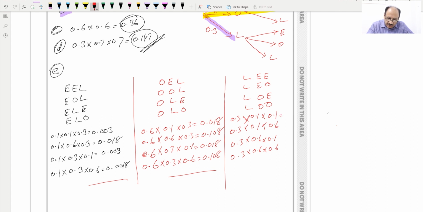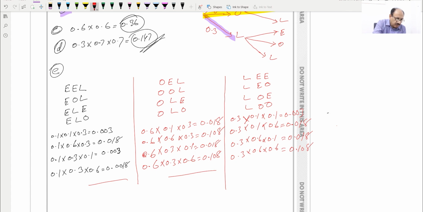So next, this one was 0.1, okay, this is the multiplication sign, and next this will be 0.003, and this will be 0.018, and this will be 36 into 1, so 0.036, this will be 0.018 also, and this will be 36 into 3 will be 0.108.